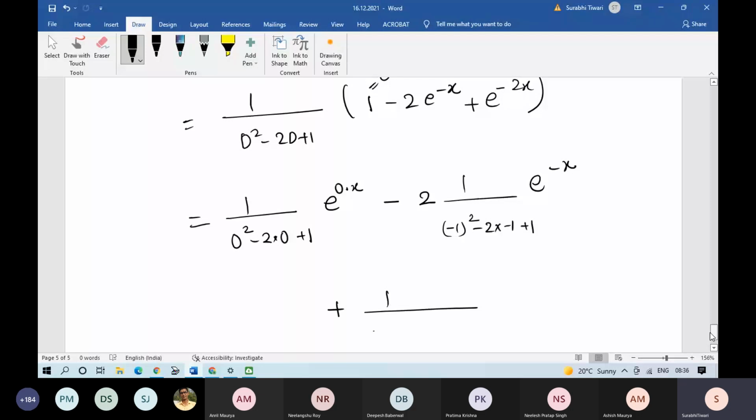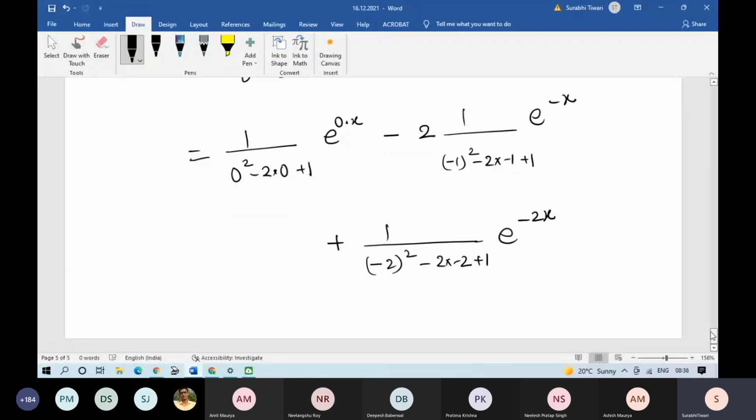So (minus 2) whole square minus 2 into minus 2 plus 1, e raised to the power of minus 2x. If you solve, what comes is 1 minus half e raised to the power of minus x plus 1/9 e raised to the power of minus 2x.